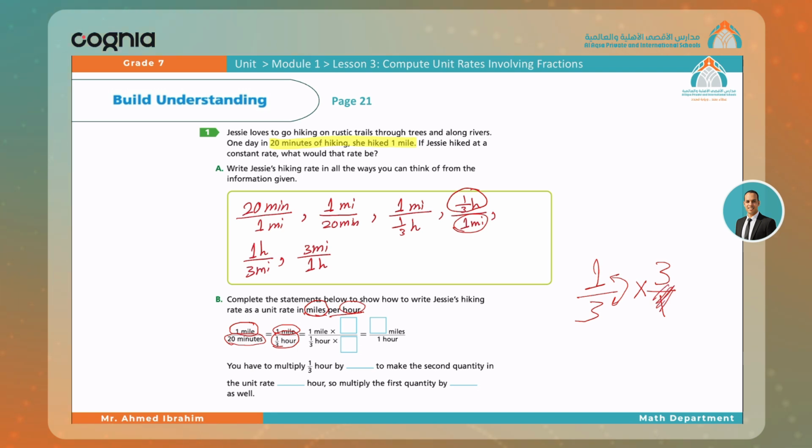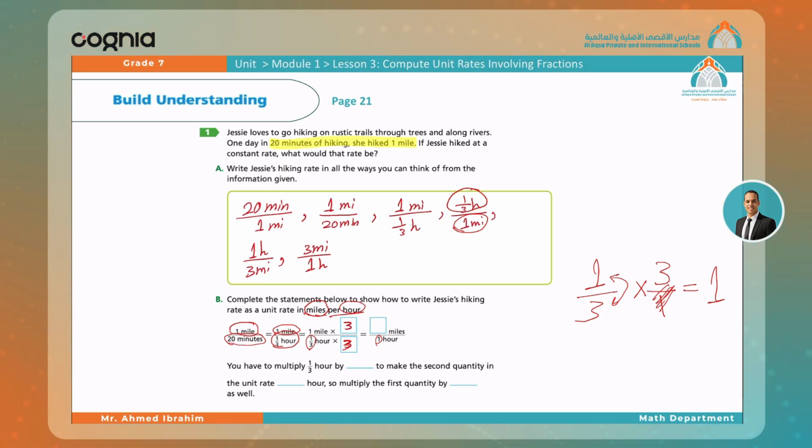So you can just multiply by 3 to get a whole one. So if you multiply a number by its reciprocal, you get a whole one. Okay? So here, a third, in order to make it 1, you need to multiply it by 3, by the reciprocal. Okay? So if you multiply down by 3, you need also to multiply up by 3.